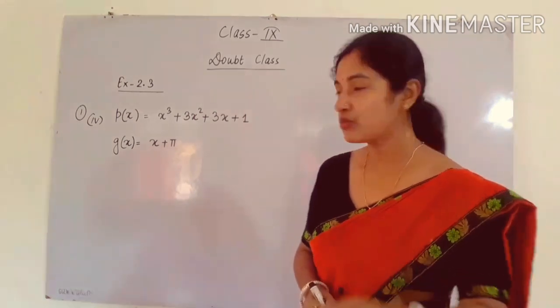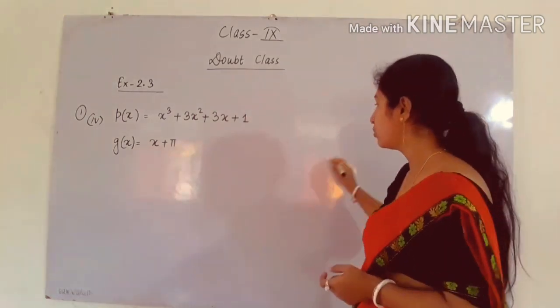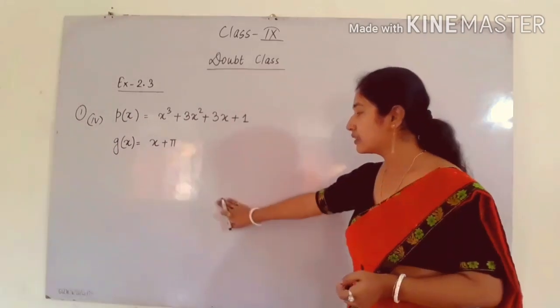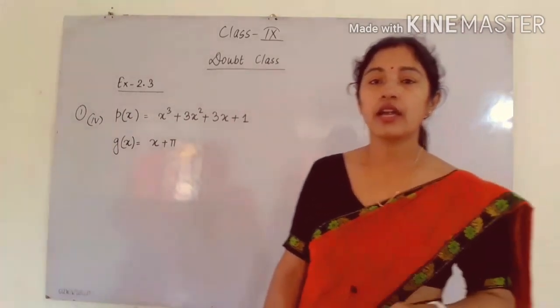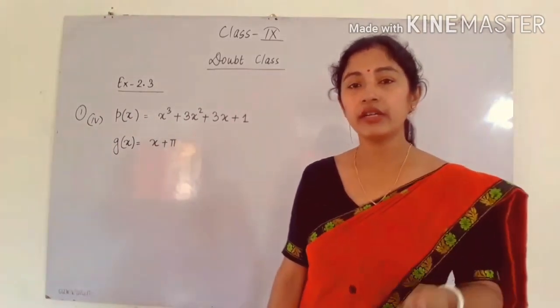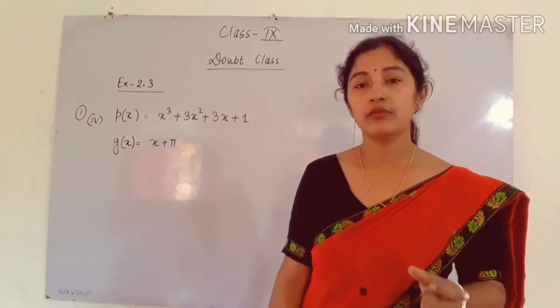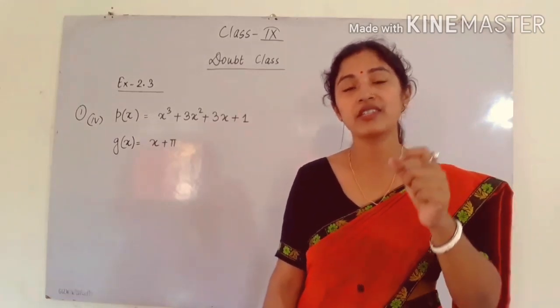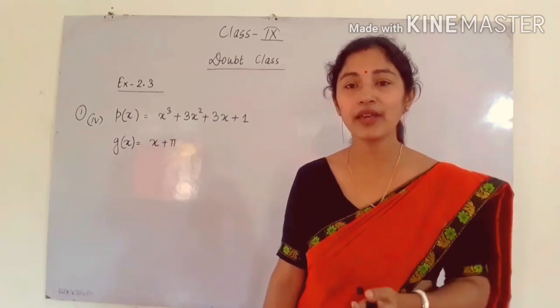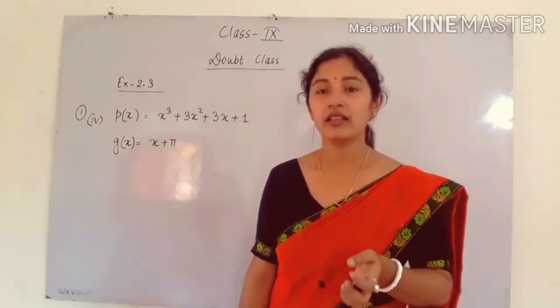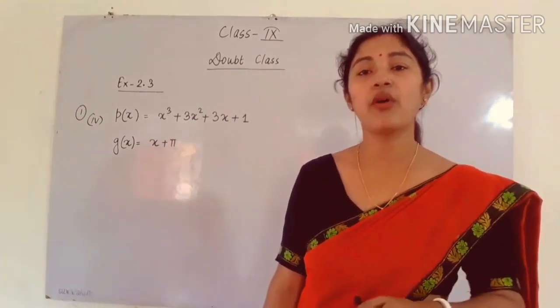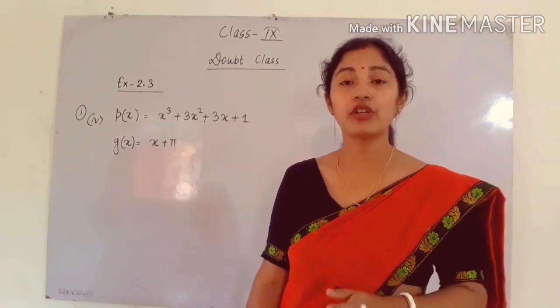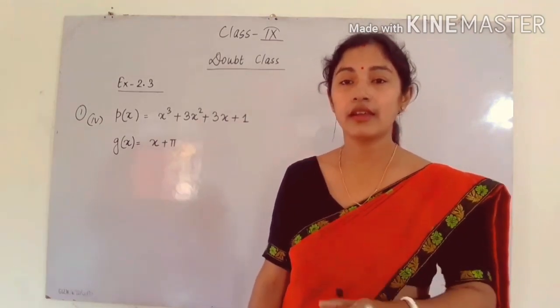Or some students have asked me, it is equal to 22 by 7. I think some of you are having doubts, because 22 by 7 is a rational number, as it is in p by q form. But that is also equal to 3.14. Again, 3.14 is not rational, it is an irrational number.